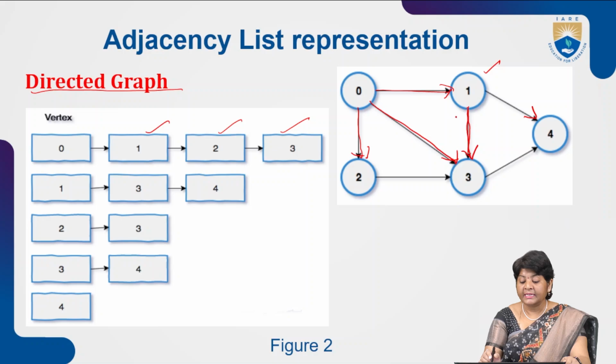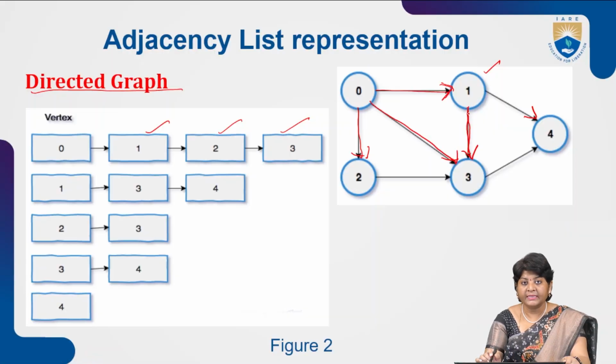But here, there is no edge connection between 1 to 0 because they didn't give the edge connection like this. We have only 0 to 1, which is pointing with an arc. But 1 to 0, we don't have any edge connection. So we won't consider this.